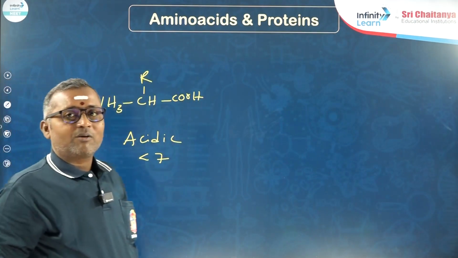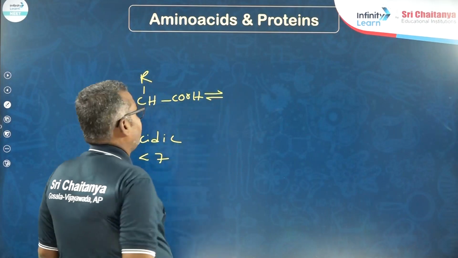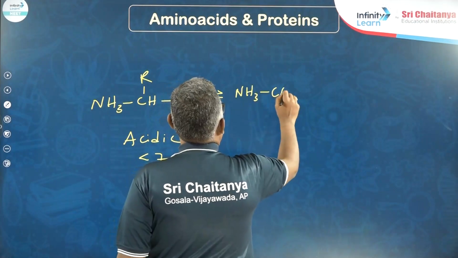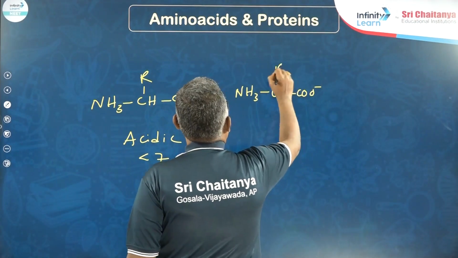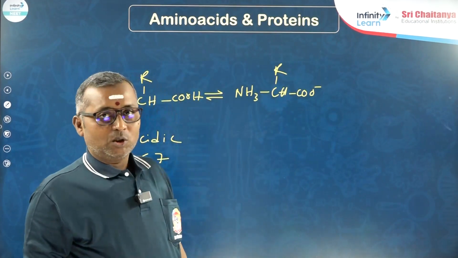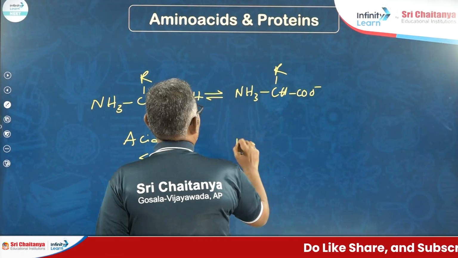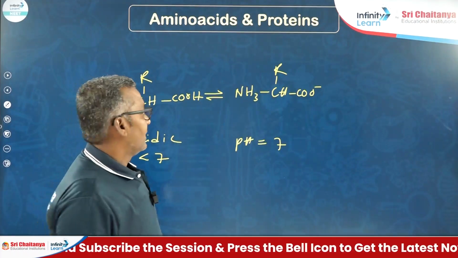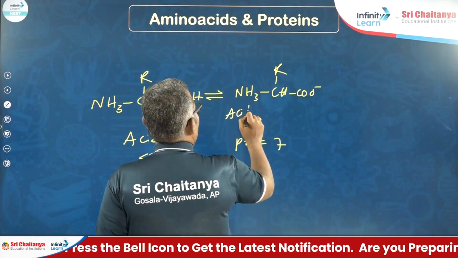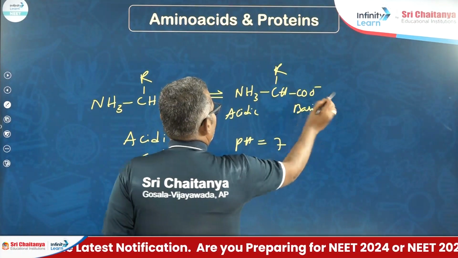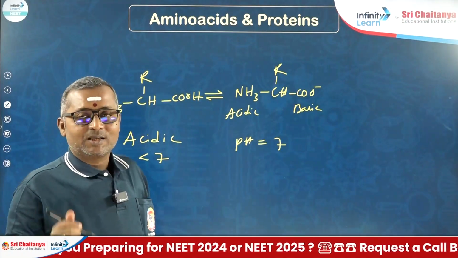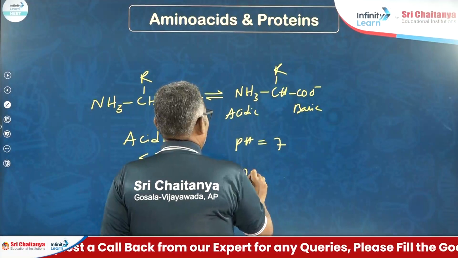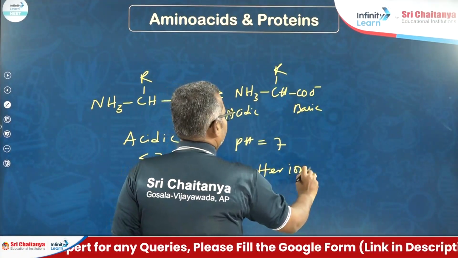It is a fully protonated form. Whereas, if the same amino acid is placed in a neutral solution, say pH 7, then you will get this kind of structure. Here, this is acidic and this is basic. So, this form of amino acid consists of both an acidic group and a basic group. Therefore, it is known as the zwitterionic form.